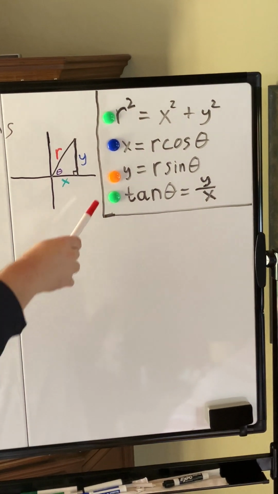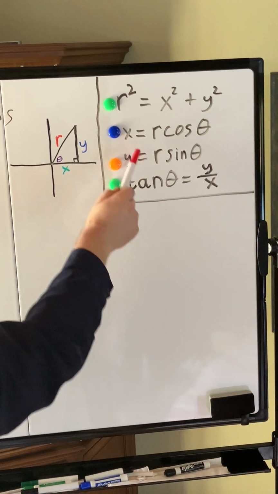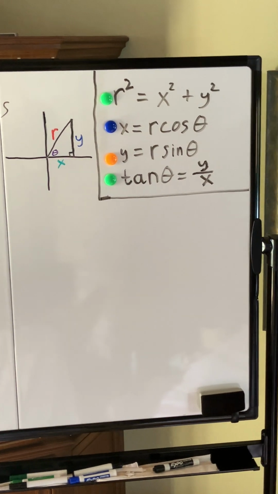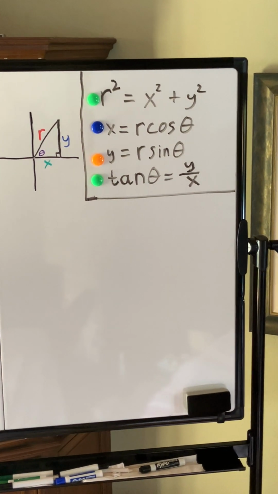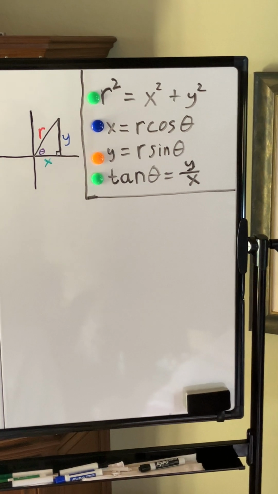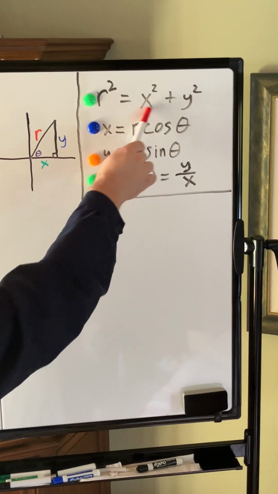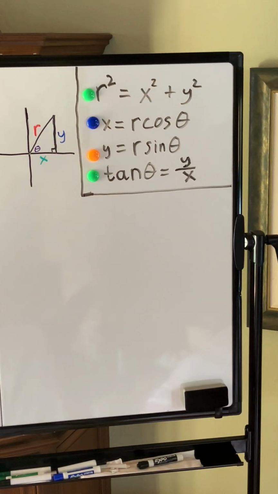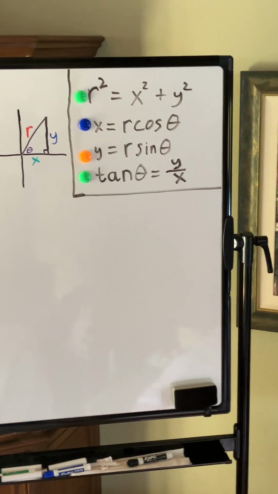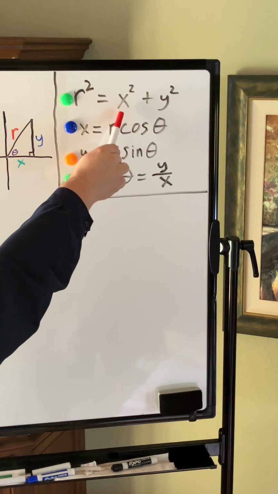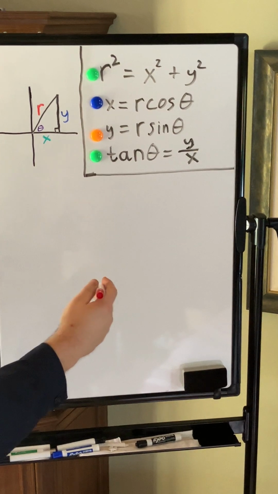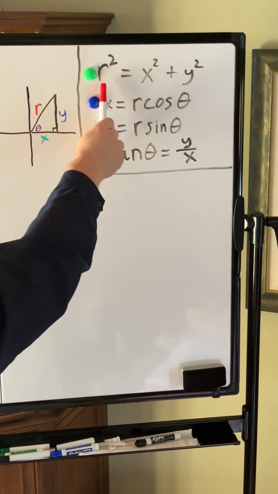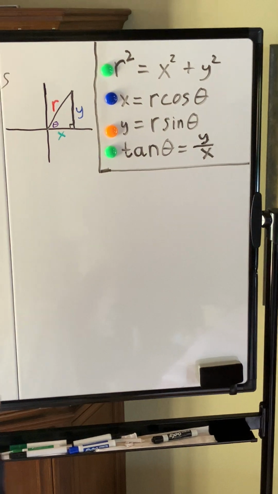And these, by the way, are the most common equations you'll use for your substitution. This one is in a pretty particular type of problem that we'll do next. And this one will come up fairly often, but it'll be pretty obvious usually because you need to have an x squared plus y squared when it's in rectangular form. This one might come up a little more in polar form.